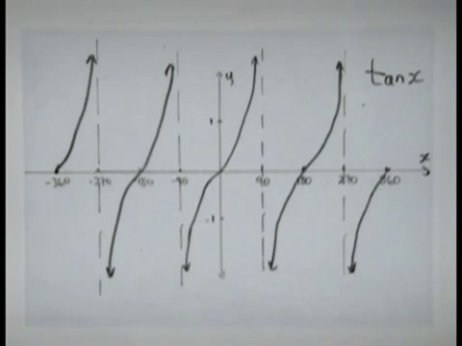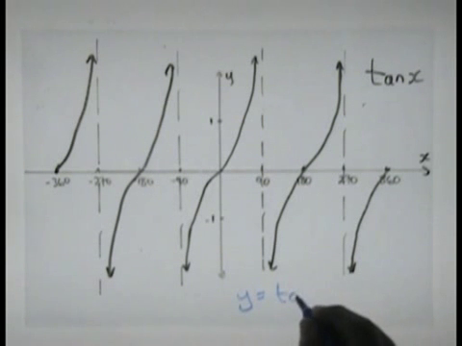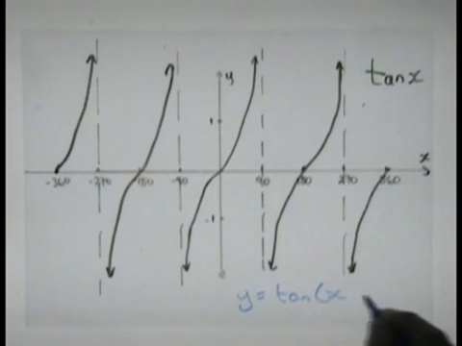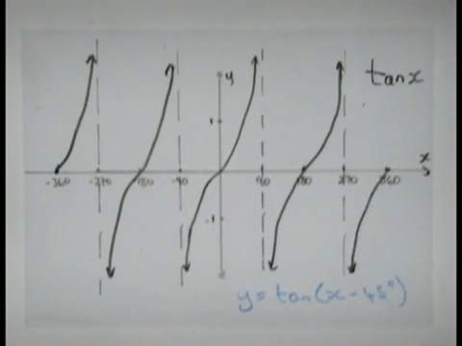We are now going to look at the tan of x graph. We are only going to look at one transformation, tan of x minus 45 degrees. All that this means is that our tan graph is going to be moving 45 degrees to the right.